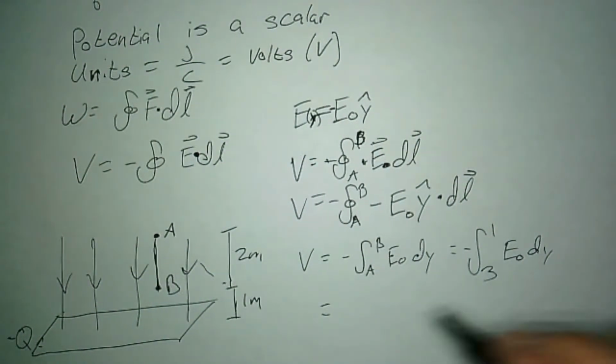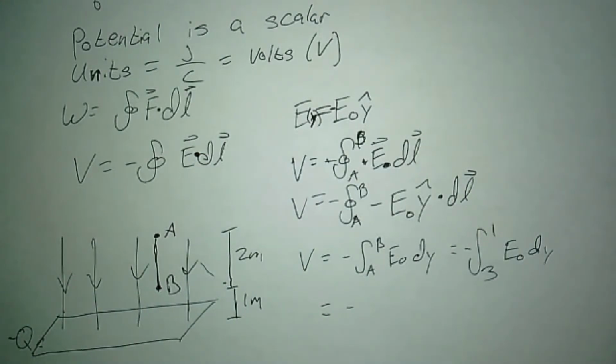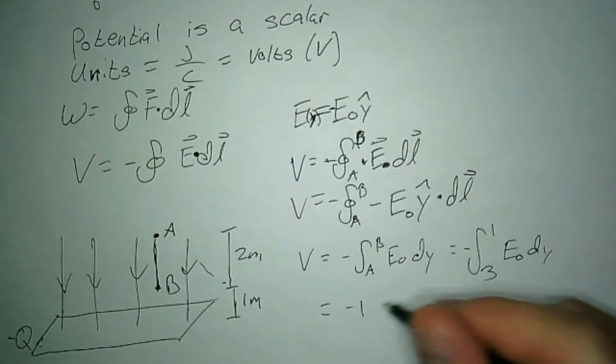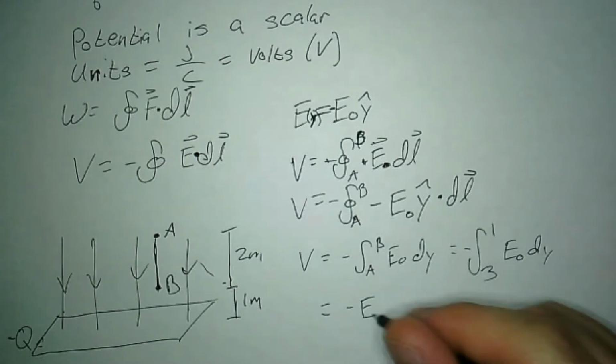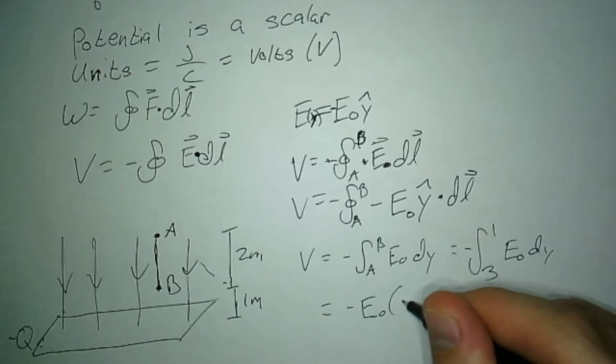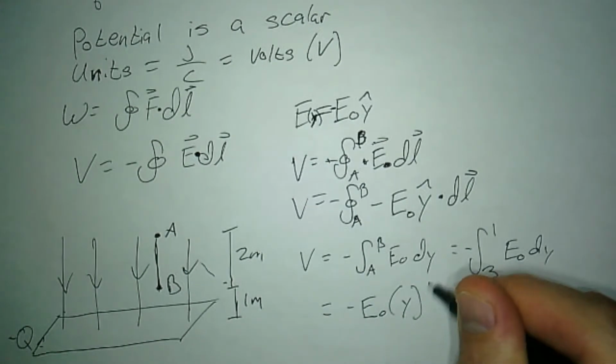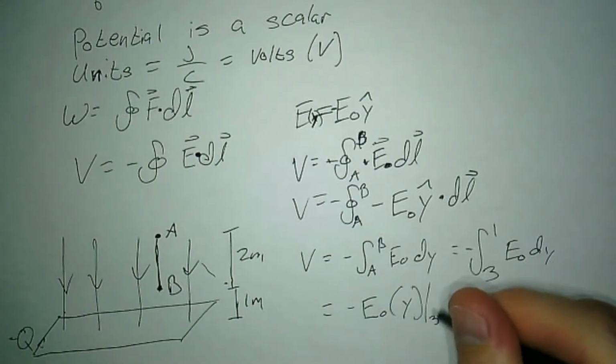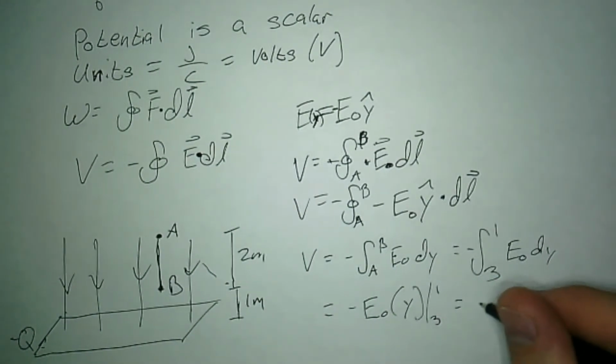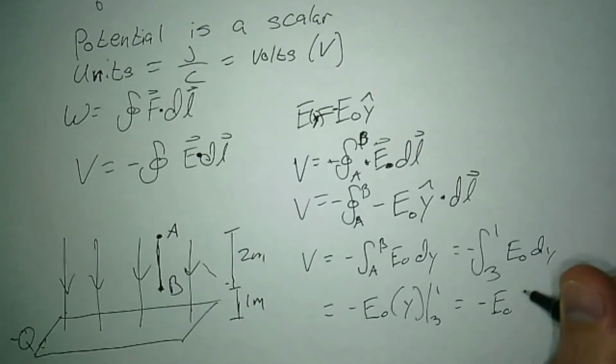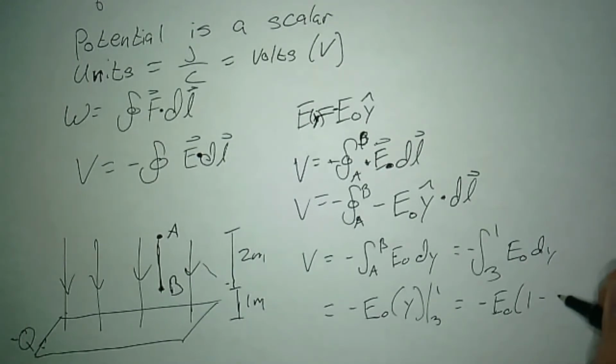So we're just going to get minus E naught times y, evaluated from 3 to 1. So that's going to be minus E naught times 1 minus 3.